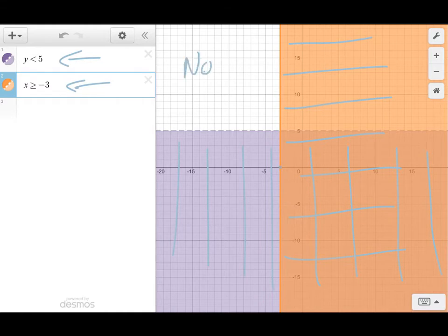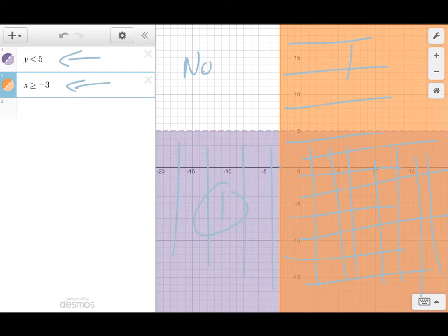This has no solutions for either one. This one has the solutions for only one of the conditions. Right here has the conditions for only one of the inequalities. It's the double shaded region that meets the conditions for both inequalities.